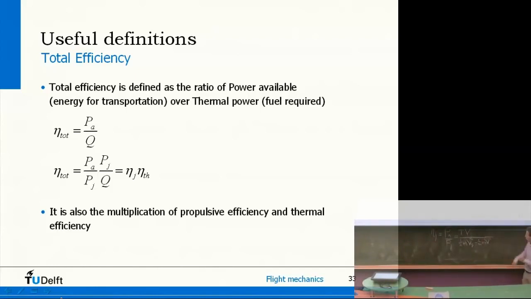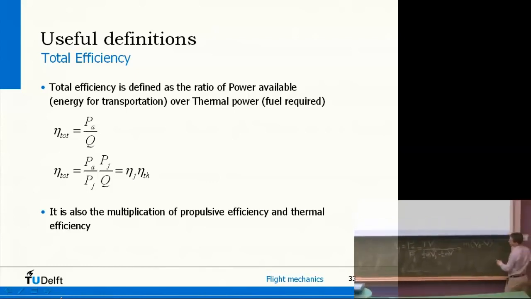So that was that change in kinetic energy. Now, we already have an equation for the thrust, because thrust is mass times Vj minus V. And then of course we still have this V here.